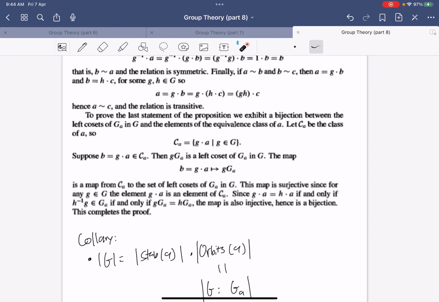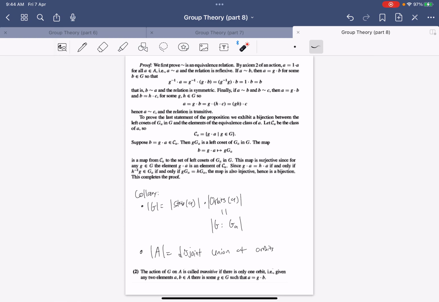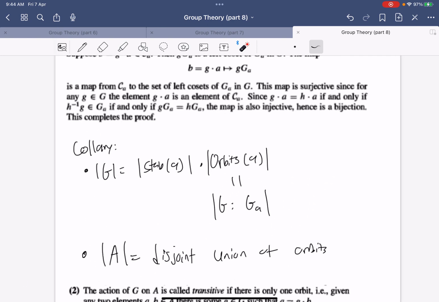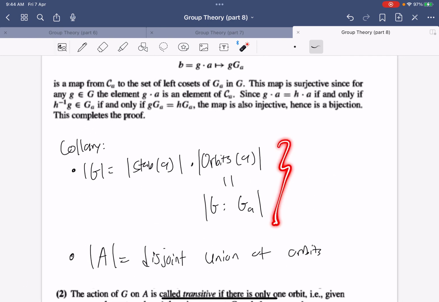And so you can actually say that the number of cosets of the stabilizer is the number of elements in the orbit. As a corollary of that, we have the orbit stabilizer theorem, which states that the number of elements in G equals the size of the orbit times the size of the stabilizer.